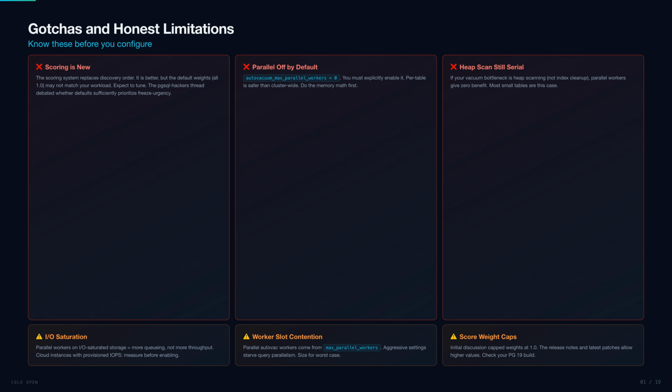Worker slot contention. Aggressive parallel settings starve query parallelism. 6. Score weight caps. The initial discussion capped weights at 1.0. The final patches allow higher values. Check your PG19 build. None of these are deal breakers. All of them are worth knowing.